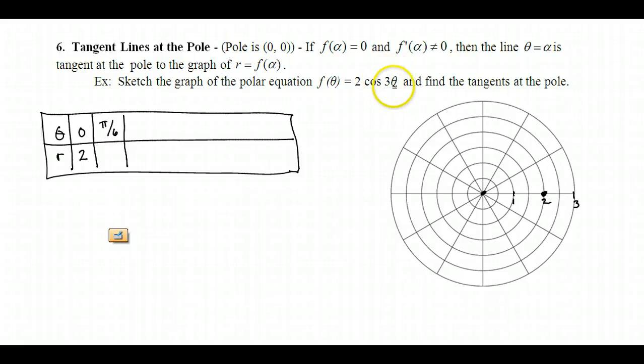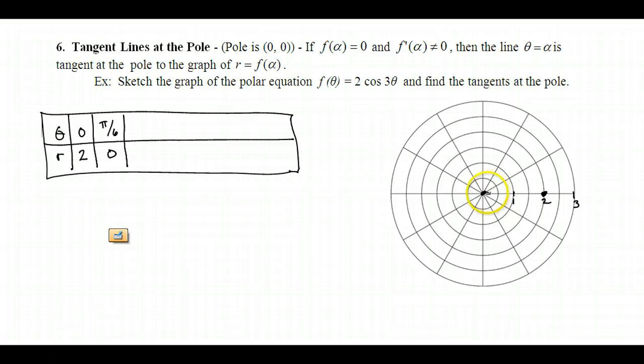So you always have to think of, I want to evaluate pi over 2. What does theta have to be to evaluate pi over 2? Well, now when I plug in my pi over 6 times 3, I have pi over 2. Cosine of pi over 2 is 0 times 2 gives me 0.